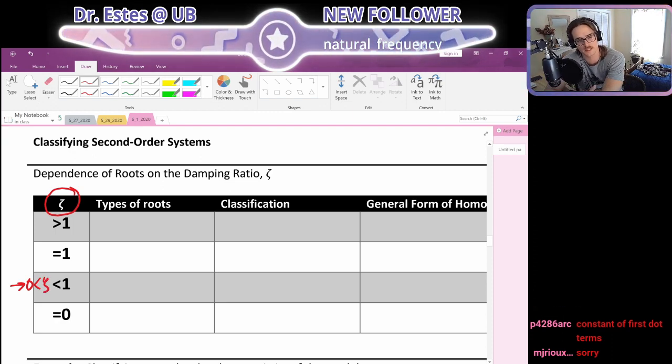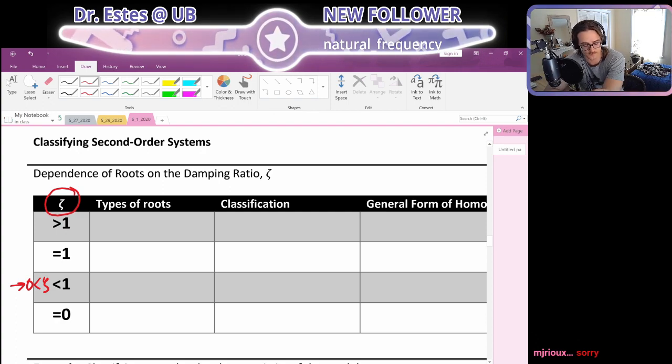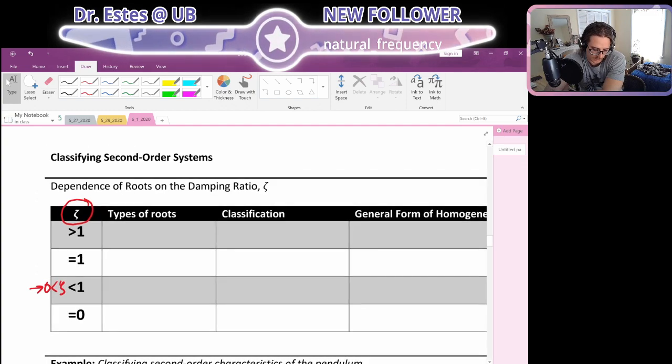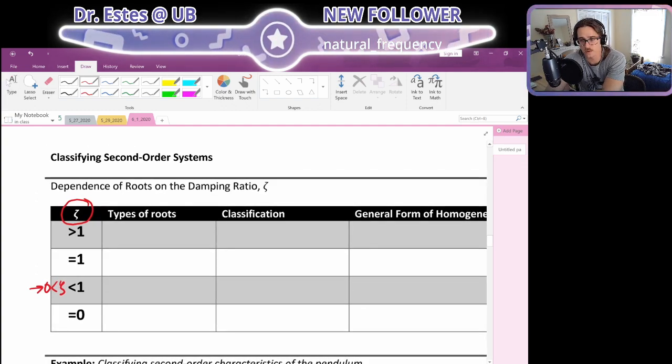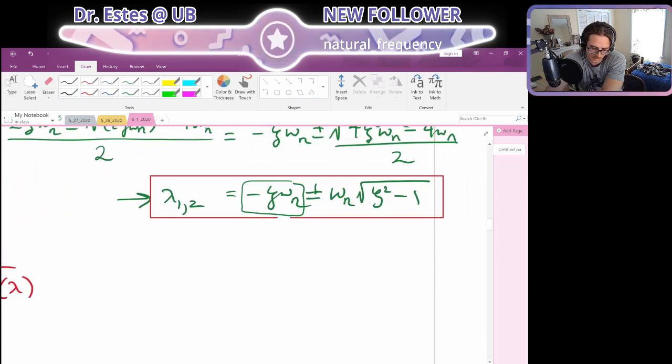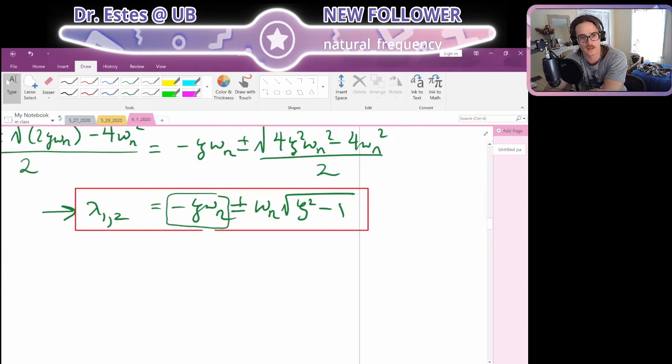So let's say it's between 0 and 1. And then assuming that it's between 0 and 1, let's look at the roots and tell me what kinds of roots these are going to be.